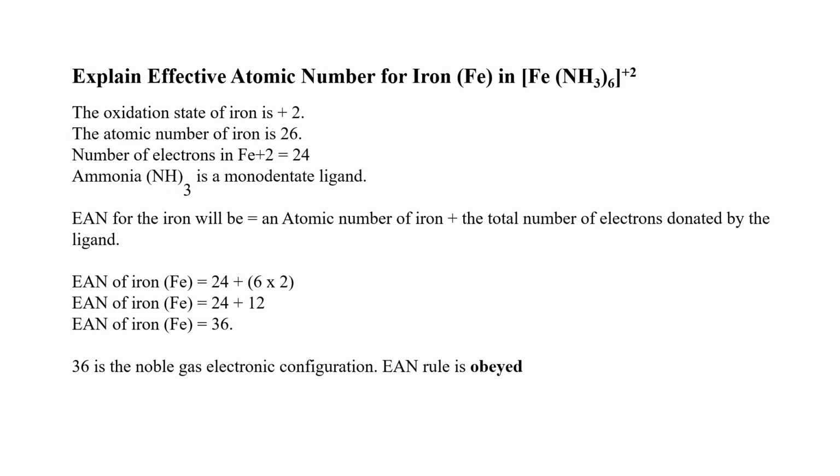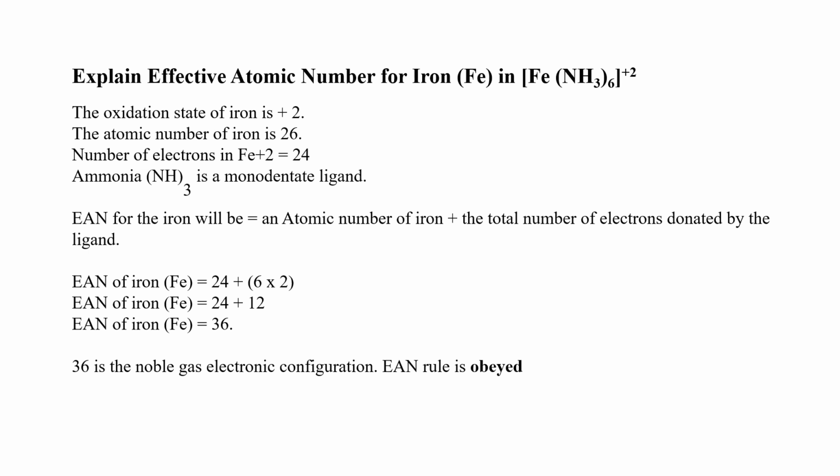Right? One more example: hexaammine iron(II). The oxidation state of iron here is +2, and the coordination number is 6. All the ammine ligands are monodentate. The atomic number is 26, and you need to subtract the oxidation number 2, so 24.